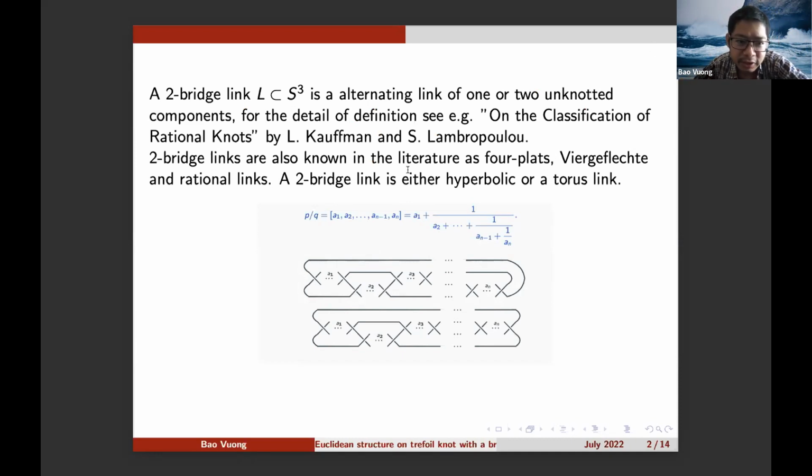Two-bridge links are also known in the literature as four-plats or Viergeflechte and rational links. And a two-bridge link is either hyperbolic or a torus link.